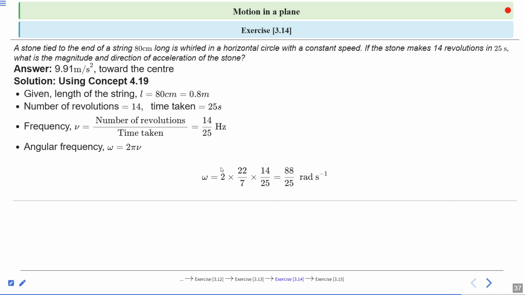So omega is equal to 2 into pi, the value of pi 22 divided by 7, into the value of nu, 14 divided by 25. Just substitute here, you will get omega is equal to 88 divided by 25 radian per second. This is the angular frequency. Clear?